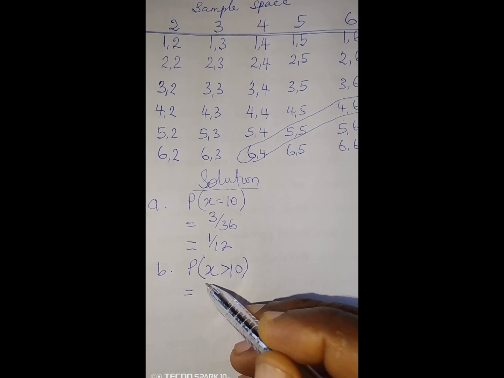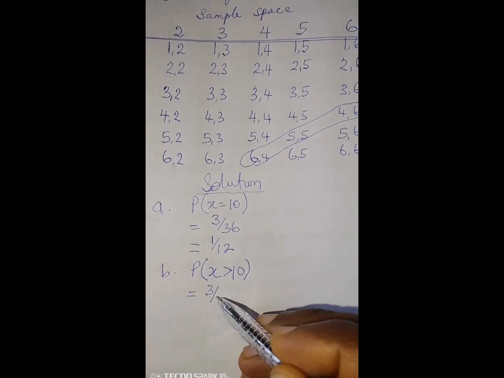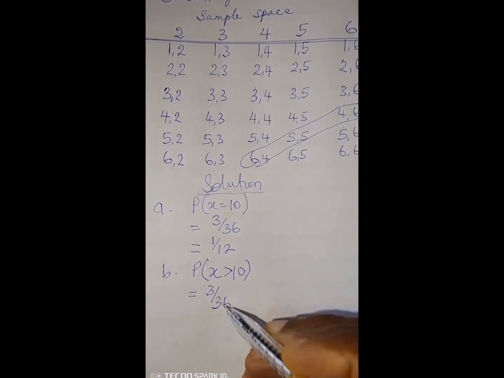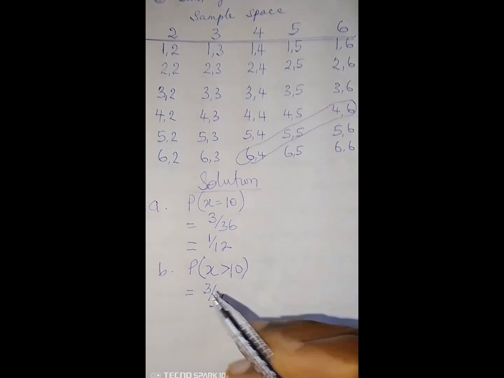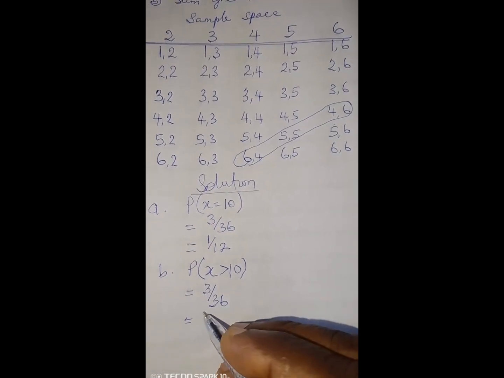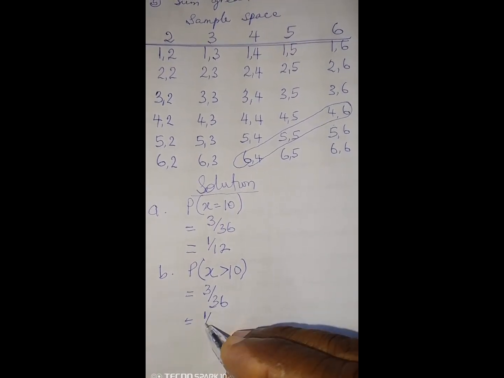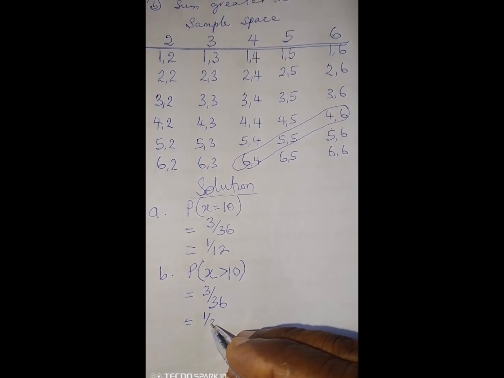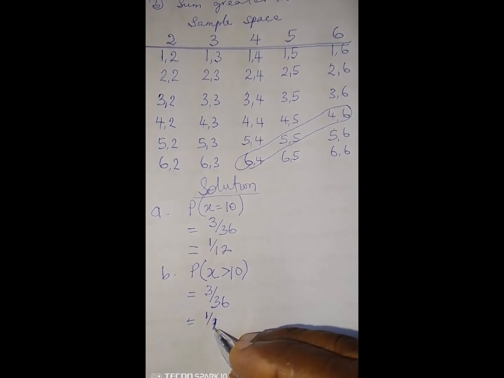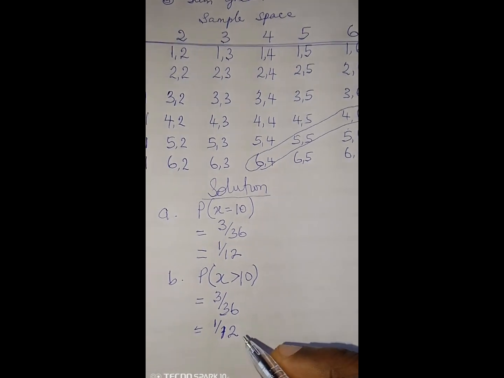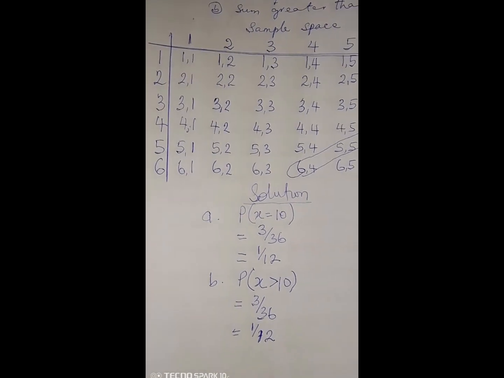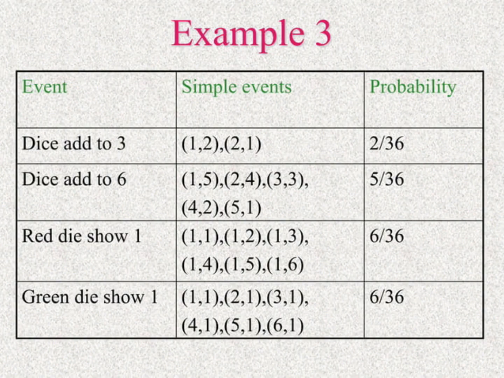This is just 3 out of the 36 outcomes. So the probability of obtaining a sum that is greater than 10 is 3 over 36, and that eventually will leave us with 1 over 12 as our final answer. Please, you can share this with your friends.